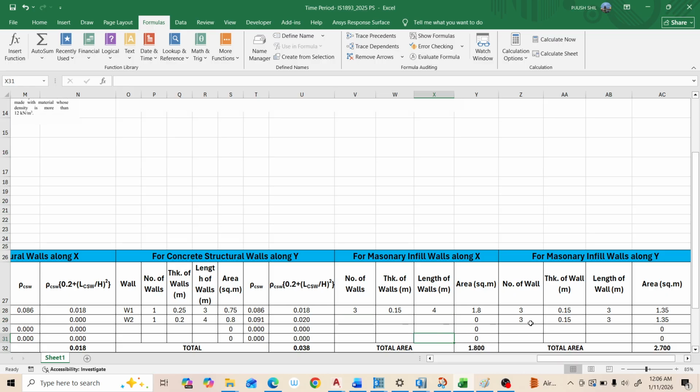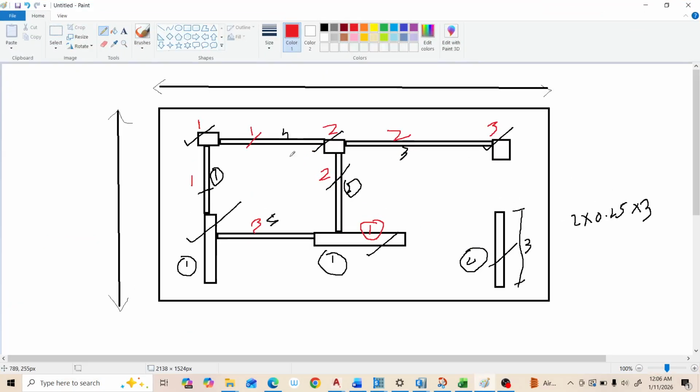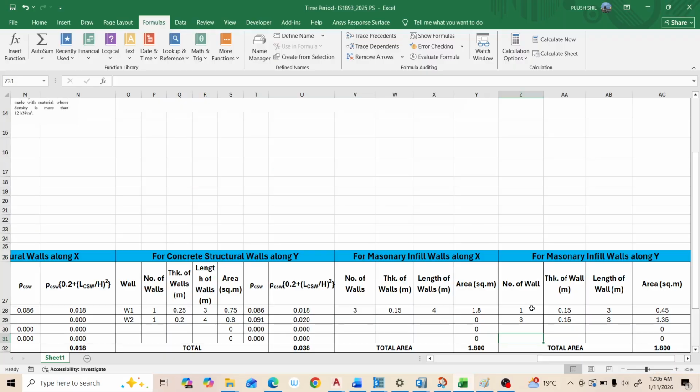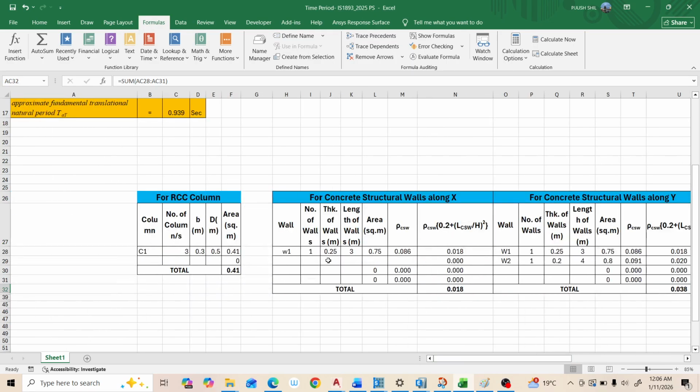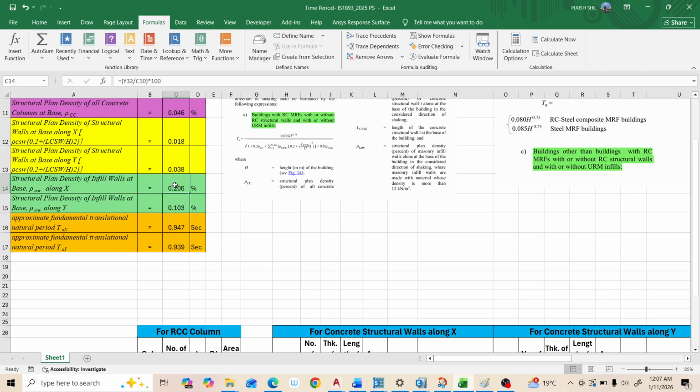So I can write three walls in X direction and, I think, two infill walls along y direction. Just for simplicity, I take similar thickness and same length. If you have multiple lengths, you can add them here. So I can find out the infill wall area, and I put the formulas here.